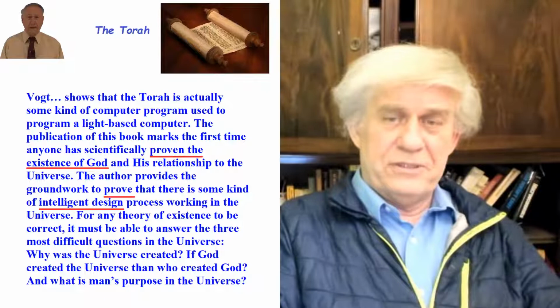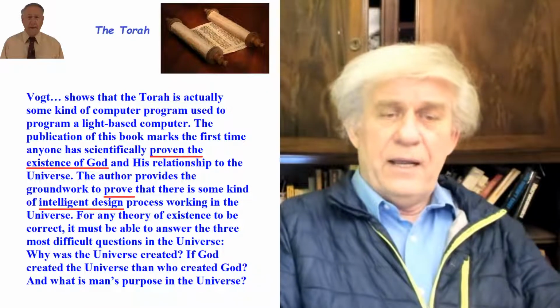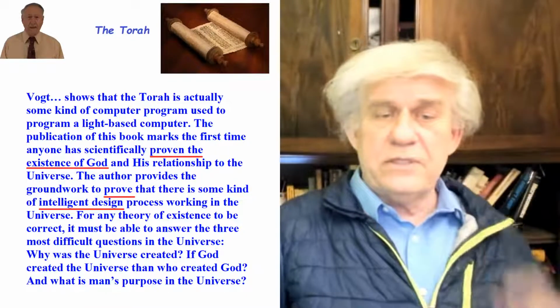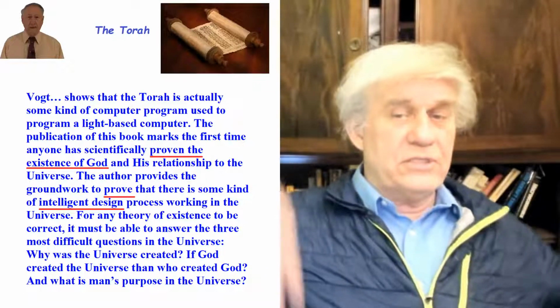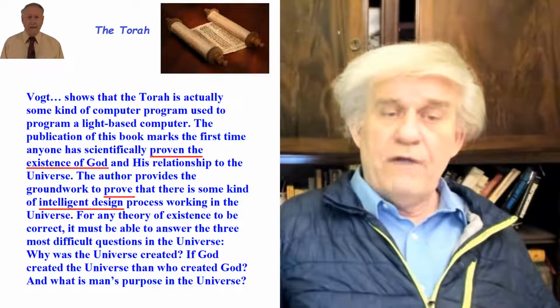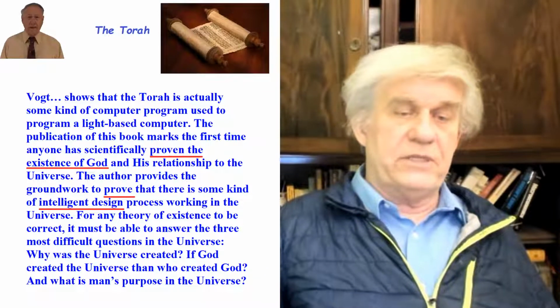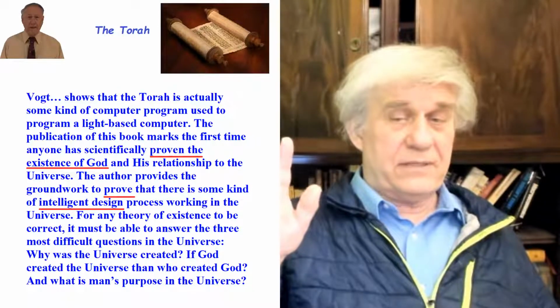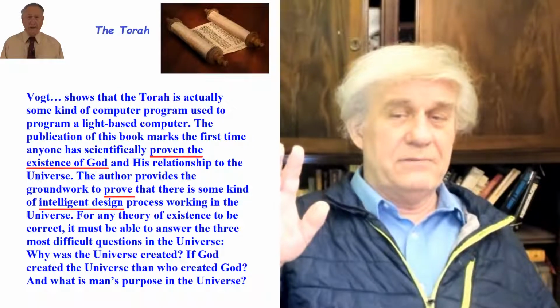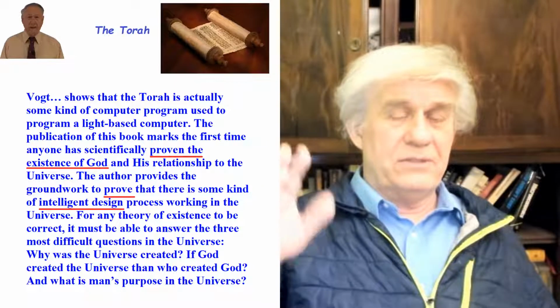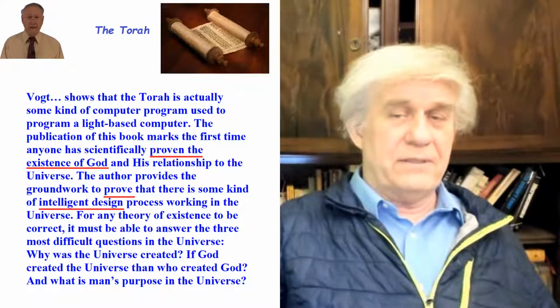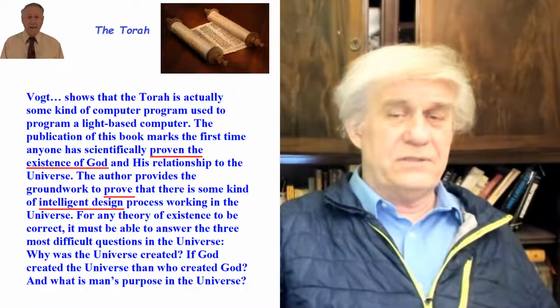Fundamentalist churches, design, okay? Design process working in the universe, okay? There's some mysterious designer out there, okay? For any theory of existence to be correct? Correct? I thought correct is religion, opinion. What's correct to you is incorrect to your neighbor. Right? What's true to you, false to your neighbor, what's yes to you, no to your neighbor, and so on.